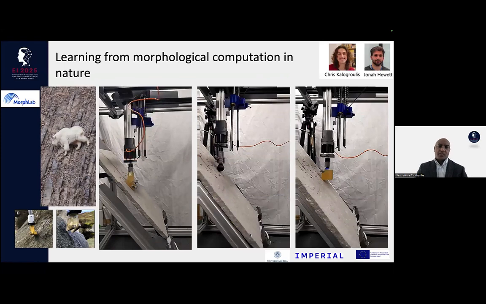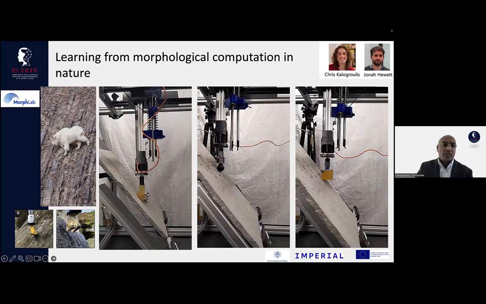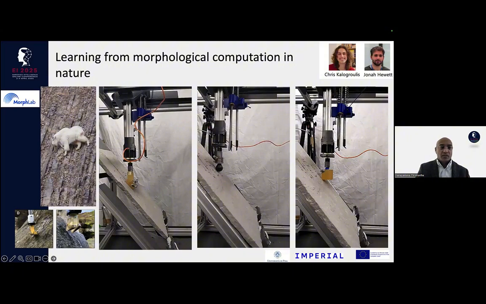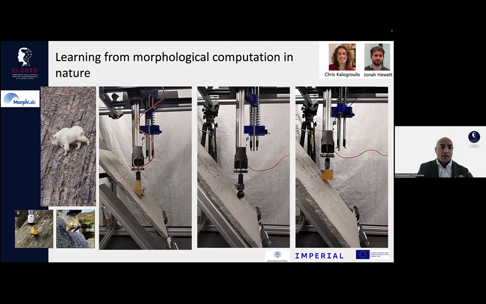So another example is these mountain goat hooves, right? We were thinking about how these mountain goats could survive on those cliffs without slipping, because the brain cannot control it if it starts to slip. It doesn't mean that they don't slip at all. They slip, but they autonomously brake again.